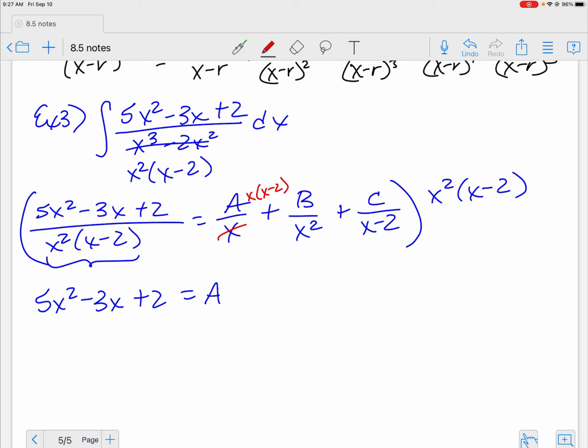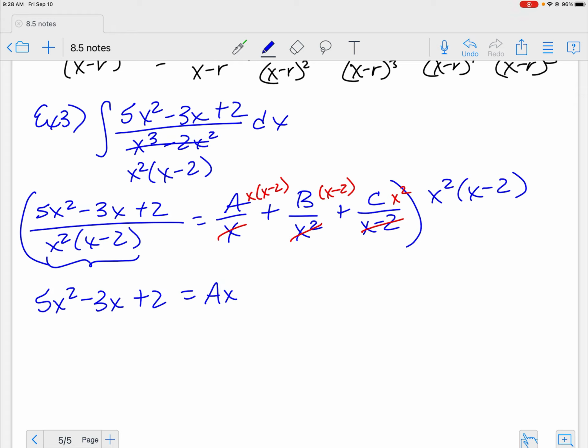I'm left with another x. Both of these cancel out. I'm just left with x minus 2. And then there I have my x squared. Do you see that? You cannot do the shortcut method if you have repeated linear factors. That's why I'm saying I don't use it that often, because it only has a short scope that it can be used with.